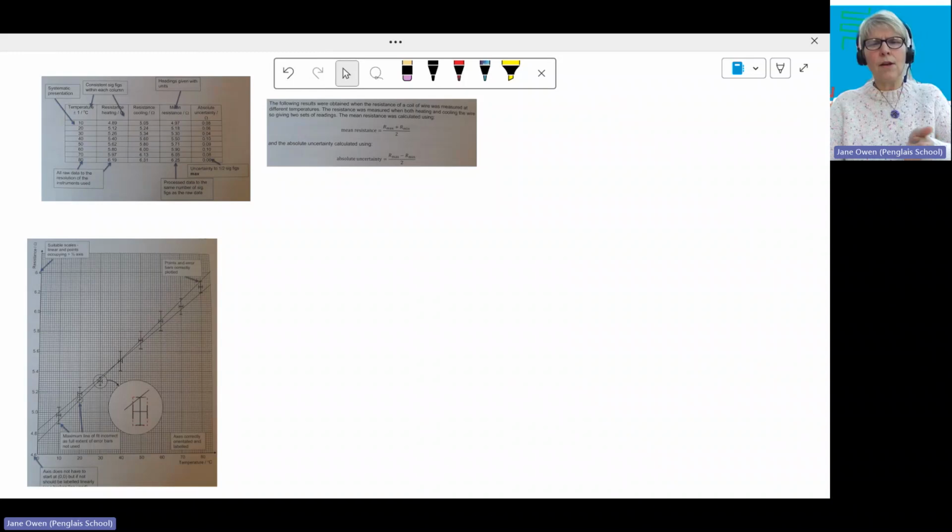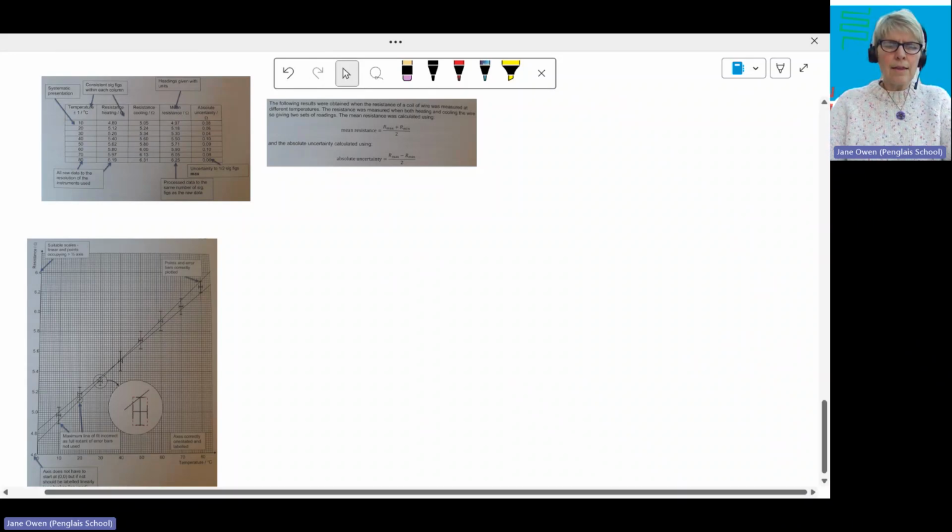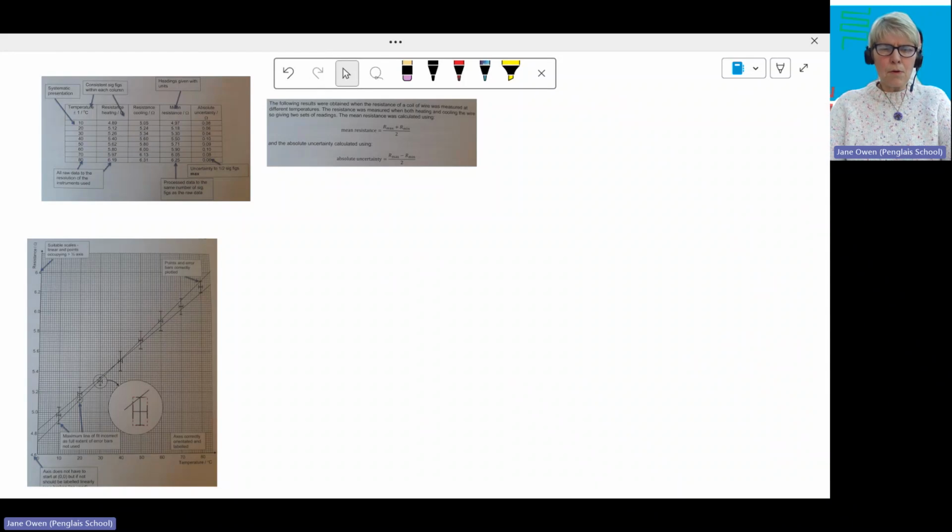So this is something for next year, really, working out uncertainties and where those uncertainties are plotted. And then from those uncertainties that you plot, having plotted the points and put the error bars on top of those points, establishing what we call lines of worst fit.